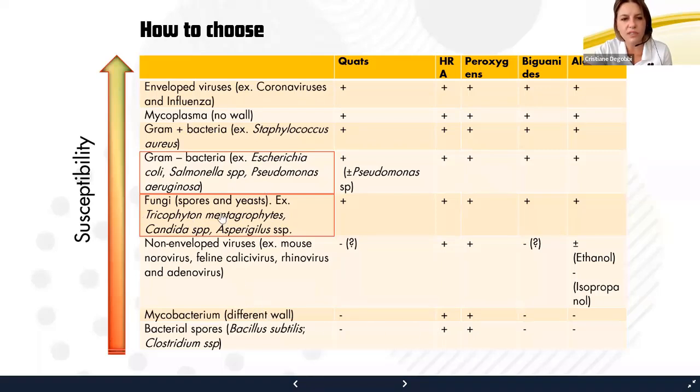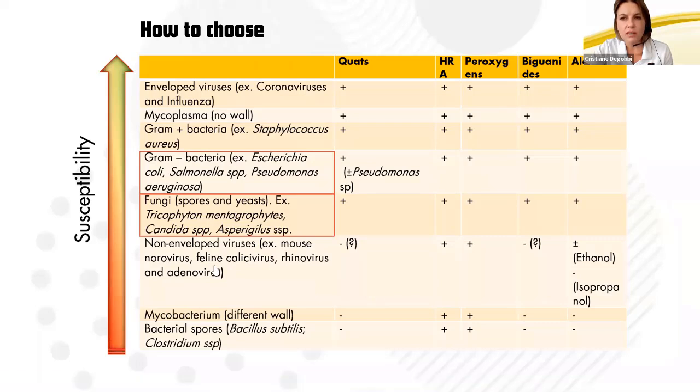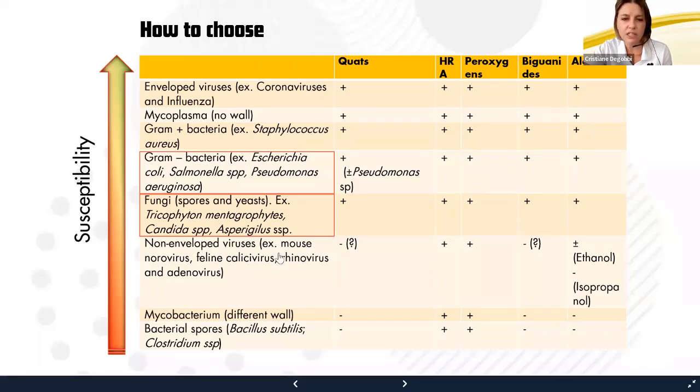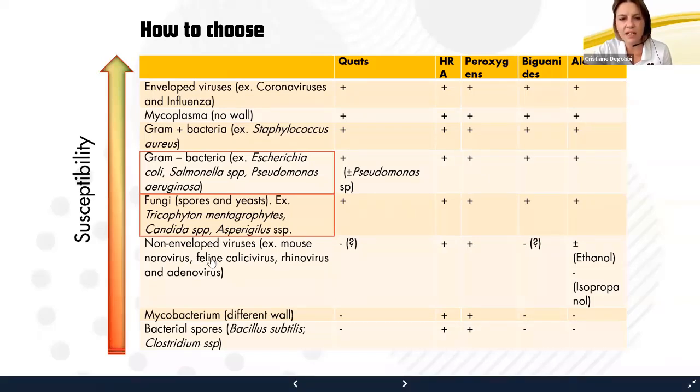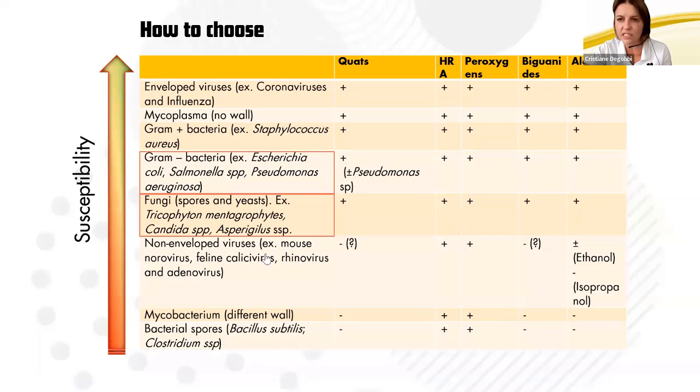After fungal spores and yeasts, we have the non-enveloped viruses. You're going to see usually on the label or SDS or any technical documents they send you, if it is tested against mouse norovirus, it means that it's going to work for the human norovirus. Okay, if it is tested against feline calicivirus, sorry about that, it's going to work for human norovirus as well.